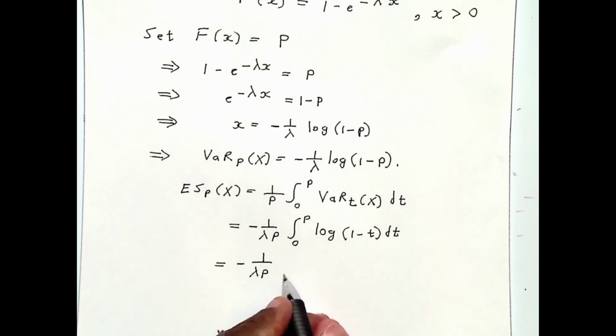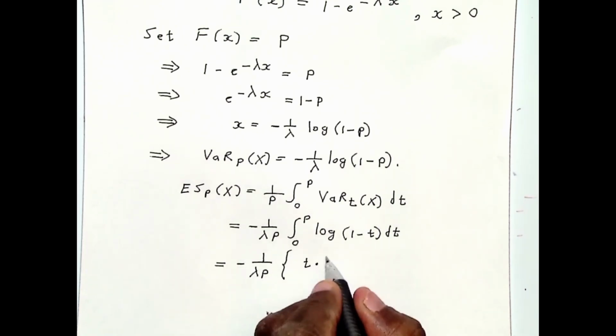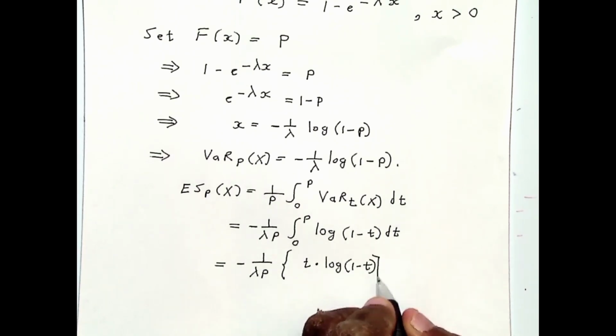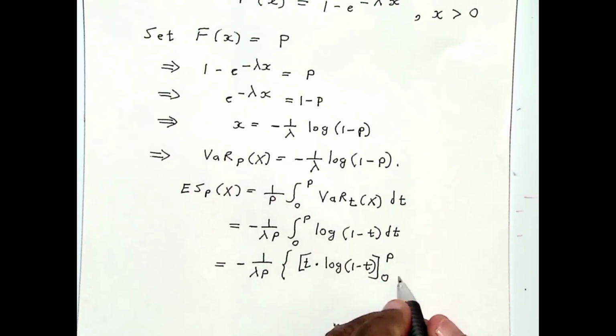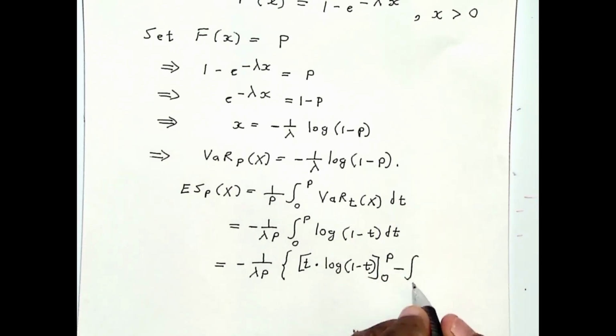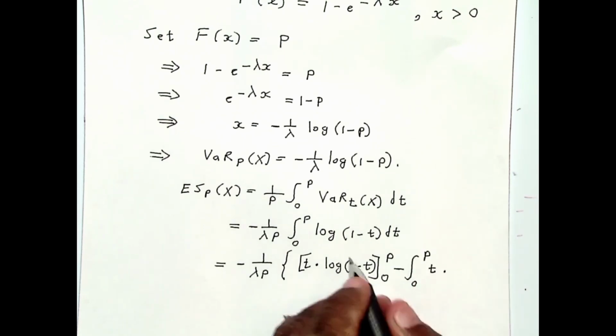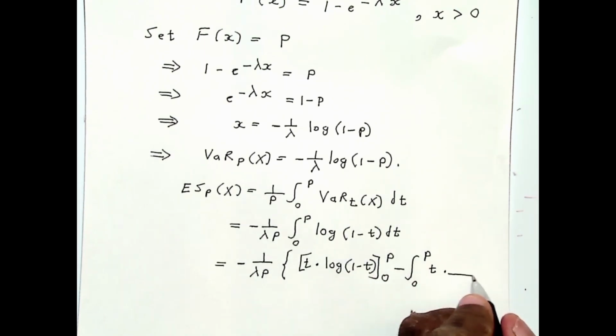So if you do that, you get t, alright, then you have minus the integral from 0 to p of t multiplied by the derivative of this term.